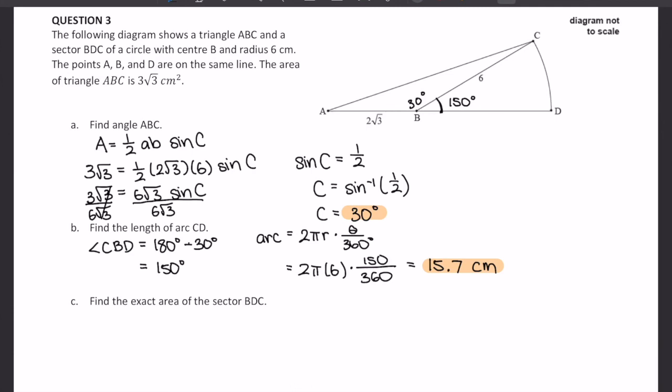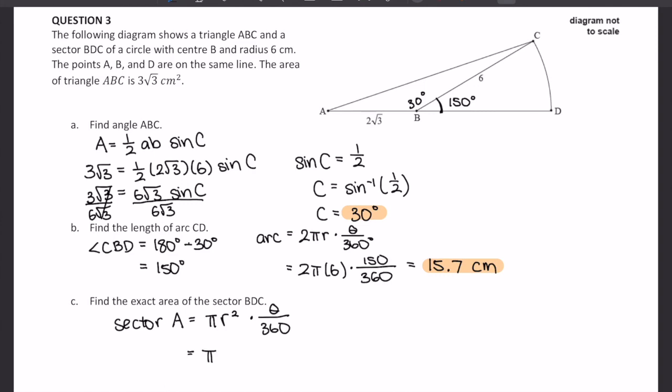For part C, it says find the exact area of sector BCD. So that's the part of the circle. We have that angle, 150 degrees. And so we can just use the sector area formula, also from the top, which is pi r squared, the area of the full circle, times just the piece that we care about, theta over 360.